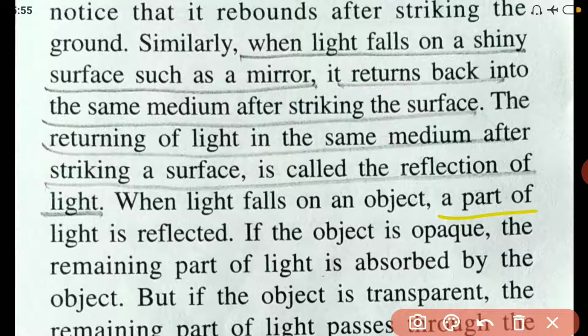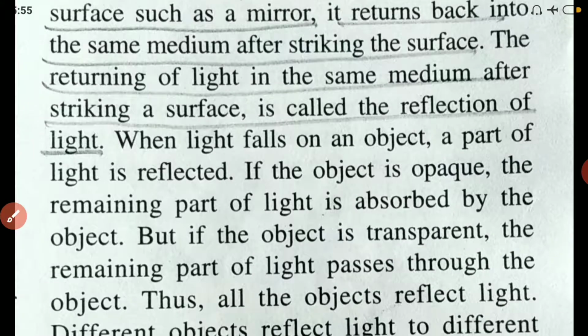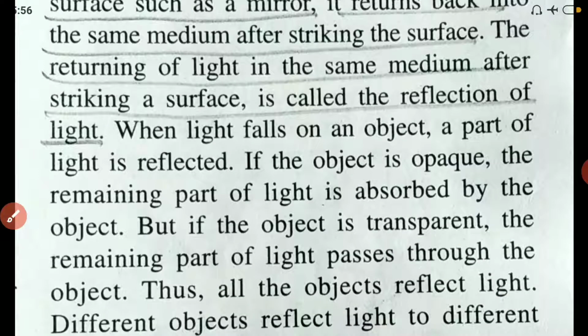If the object is opaque, the remaining part of light is absorbed by the object. That means most of the light is absorbed. But if the object is transparent, the remaining part of light passes through the object.